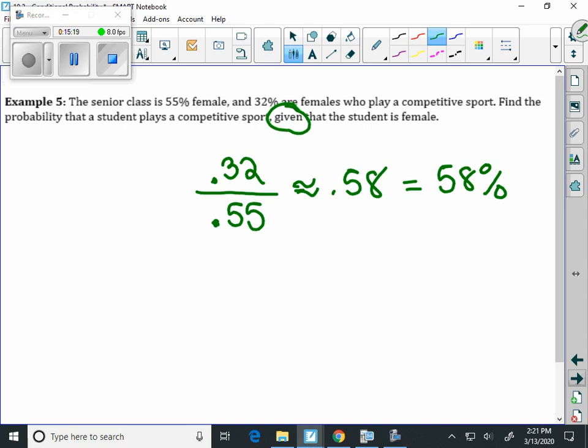We're just moving the decimal back and forth in terms of we move it 2 to the left to convert to a decimal, and 2 to the right to convert to a percentage. If you want the symbolism for this, it would be something like the competitive sport given that they're female.